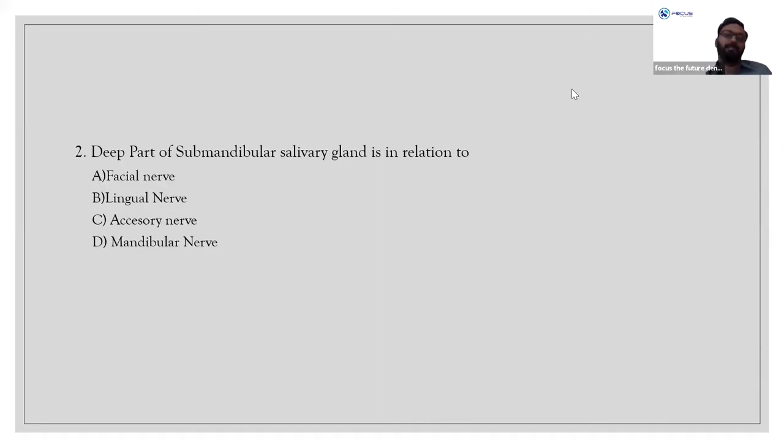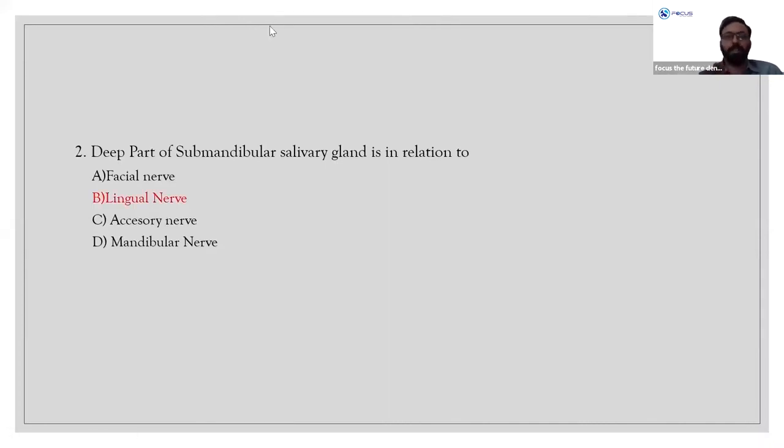Accessory nerve, no, because it supplies sternocleidomastoid outside and the trapezius. Mandibular nerve. The correct answer is lingual nerve.